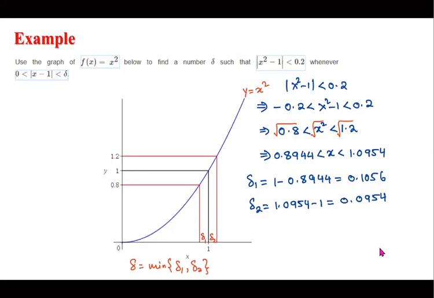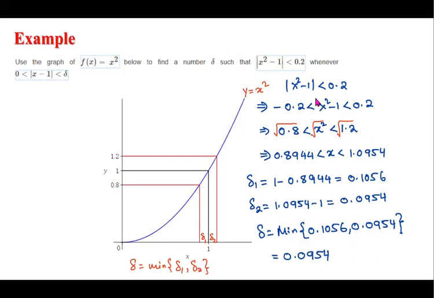So your delta will be the minimum of those two values, the minimum of 0.1056 and 0.0954. If you look carefully, the second number is smaller, so that is your delta. Delta equals 0.0954.